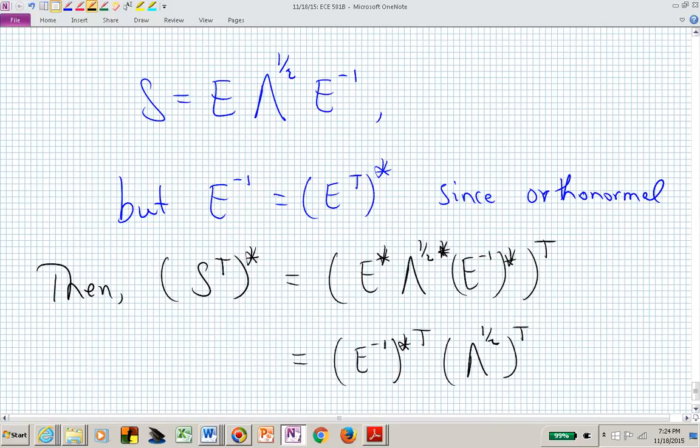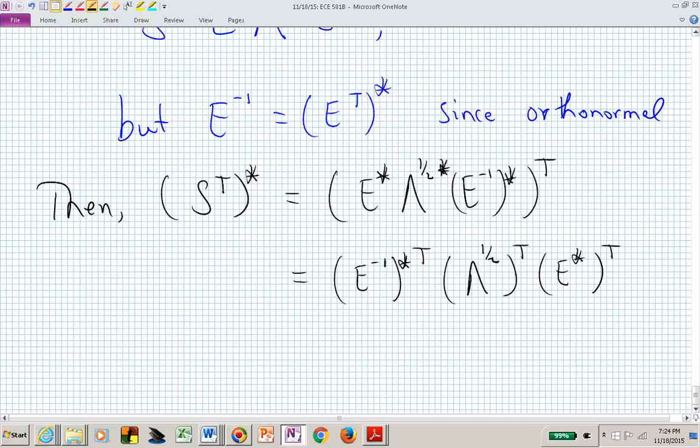And then we transpose the conjugate of the first term in that expression. But E inverse is really just the conjugate transpose, so we conjugate transpose that back and we end up with E. As I said, the diagonal when transposed gives us back the diagonal, so that's now lambda to the 1/2, and E conjugate transpose is just E inverse.